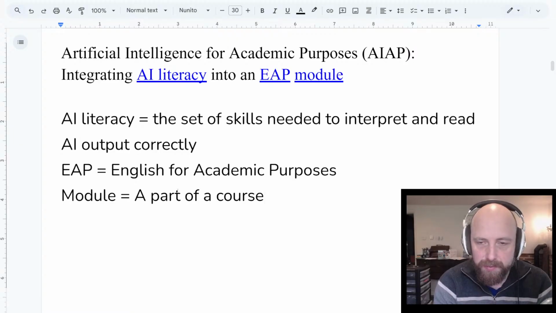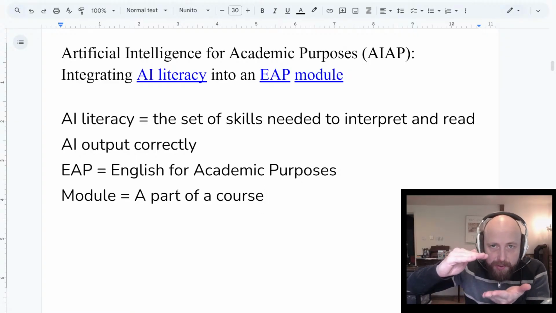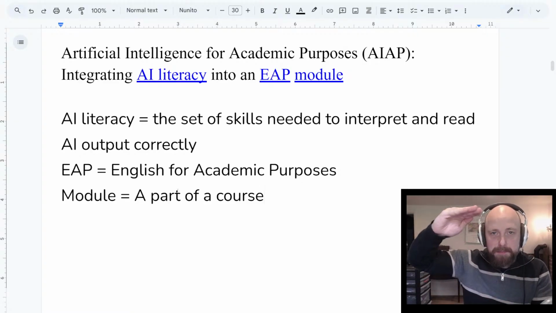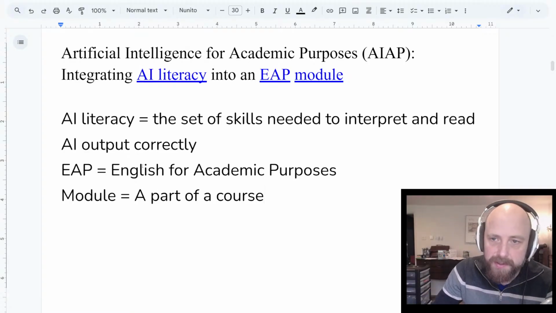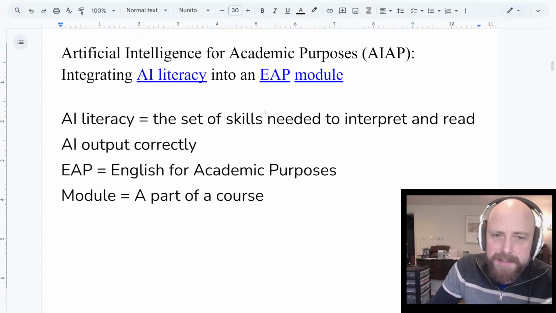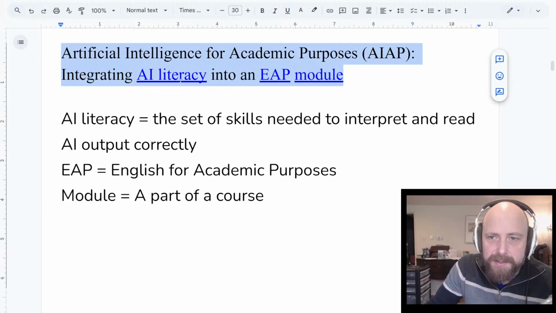It could also be separated in a different way. You could have modules on the environment and then a module on globalization. And for each of those modules, it's almost like the modules are like a sub-course. And then when you complete all of the modules, then you finish the course. So they're like parts of a course. So now that we understand those terms, we can think about what this article is going to talk about.